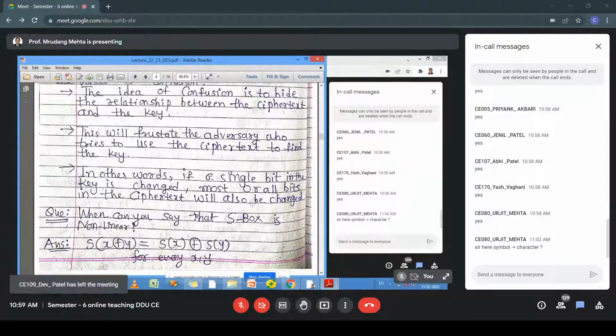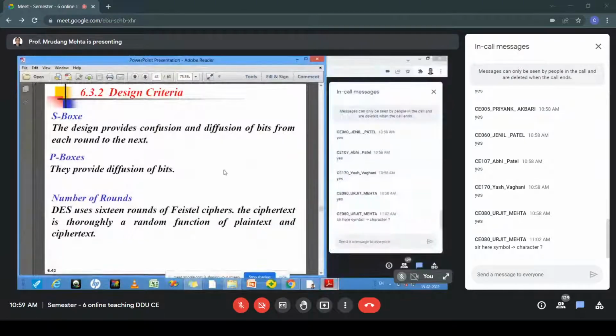If we change one bit in the plaintext, it creates a significant change in the ciphertext. If we make a one-bit change in the key, it also creates a significant difference in the ciphertext. So these two properties are included in DES with the help of the S-box and P-box, right?